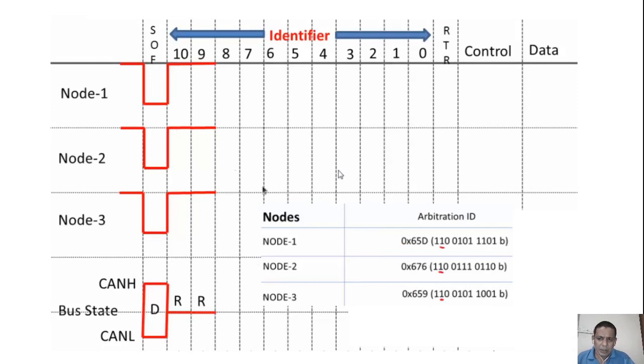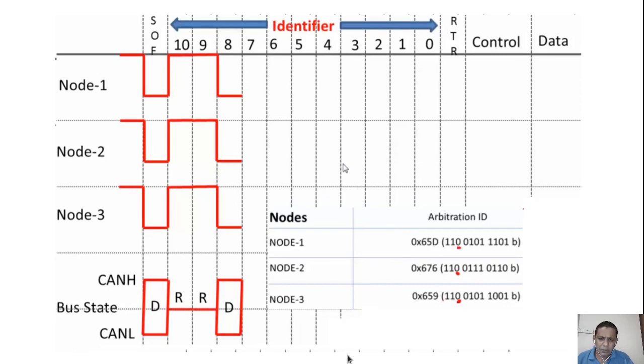Again check the second bit, again all will have 1, so the bus is recessive in the second bit also. Then look into the third bit. In the third bit, node 1, node 2 and node 3 all will have zeros, so the bus is dominant.